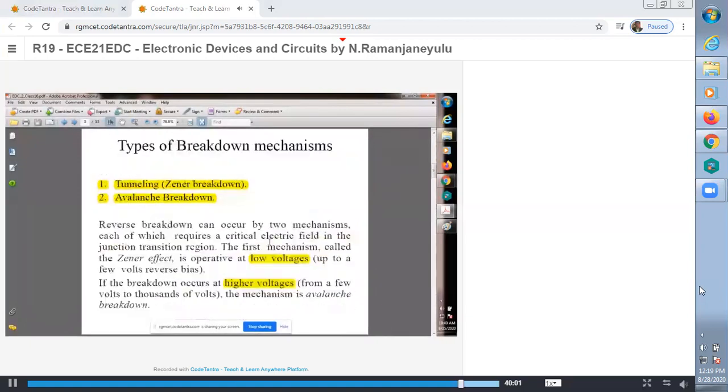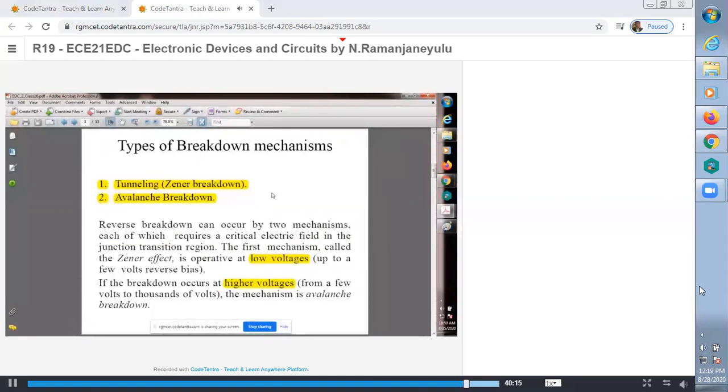Even though we have two diodes, Zener breakdown with the Zener diode and avalanche breakdown with the avalanche diode, in the usual case people use only the term Zener diode. How can we tell whether it follows the Zener mechanism or the avalanche mechanism? Observe the breakdown voltage. If the breakdown voltage is less than 10 volts, the mechanism is Zener or tunneling.